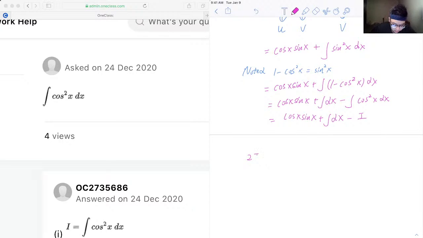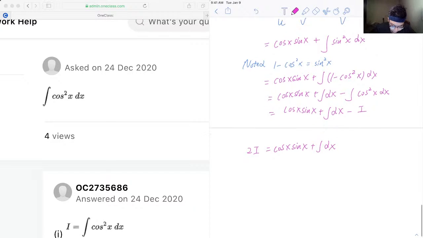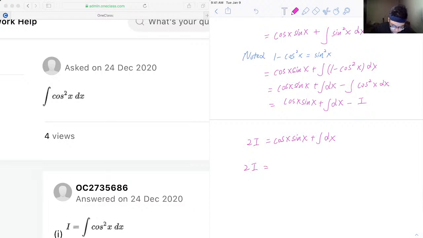We have 2I is equal to cosine x sine x plus the integral of dx, which is equal to sine 2x over 2 plus x plus c.